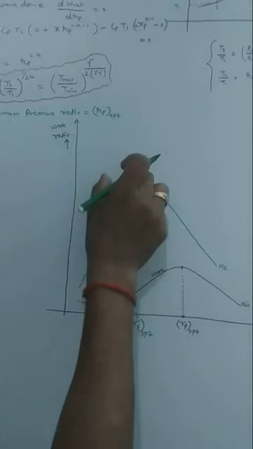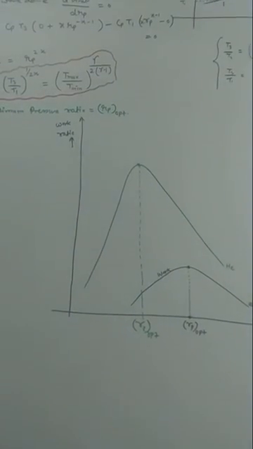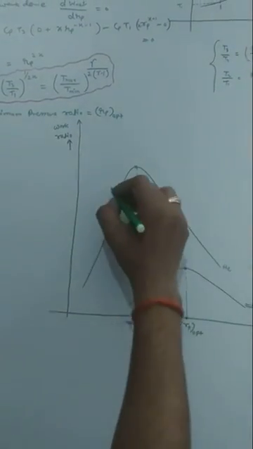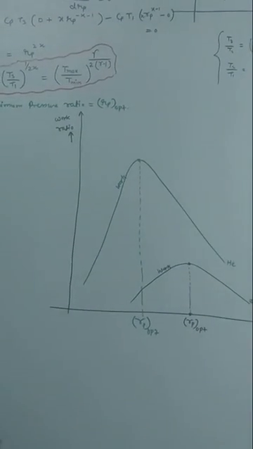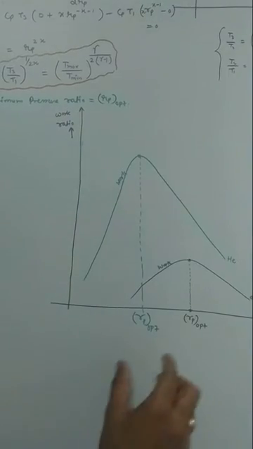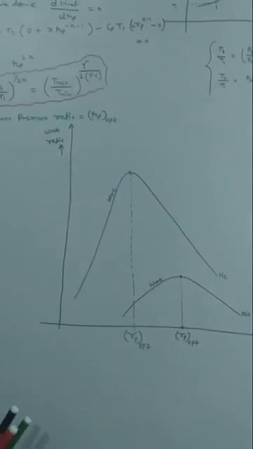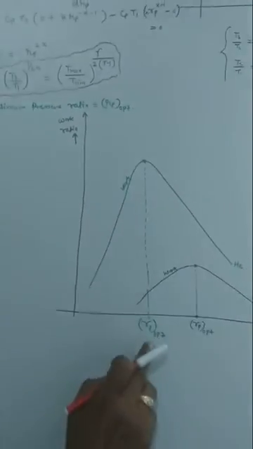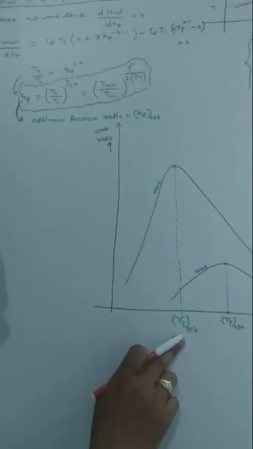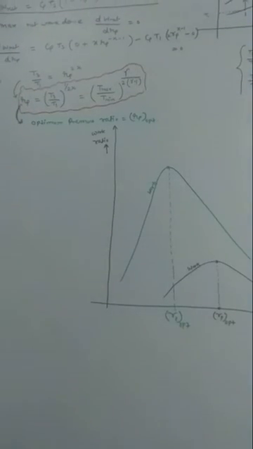This is the maximum net work done. So we observe one thing here, that the maximum work done is achieved in case of helium at a lower Rp optimum compared to air.